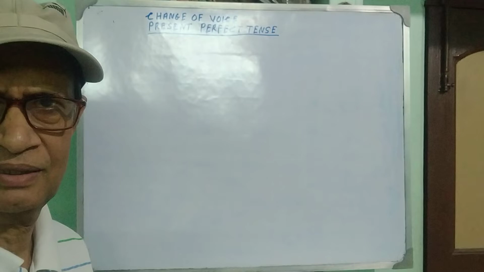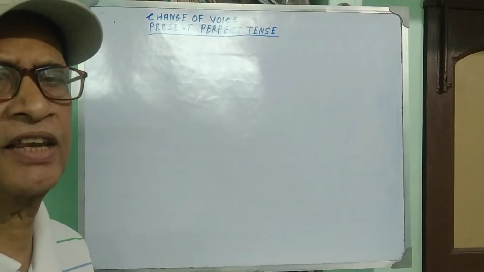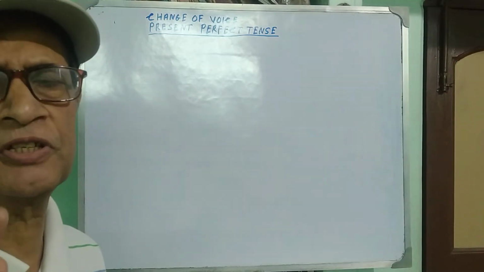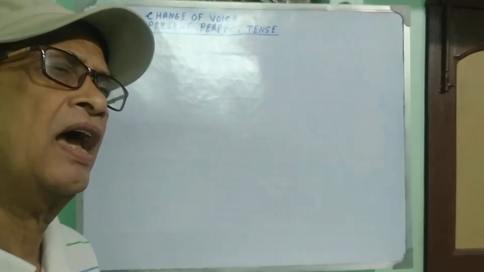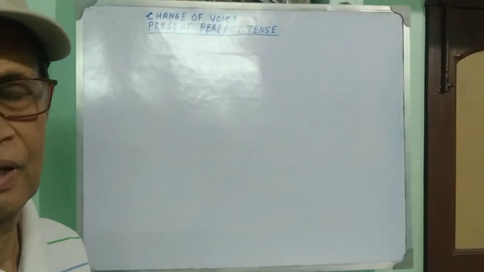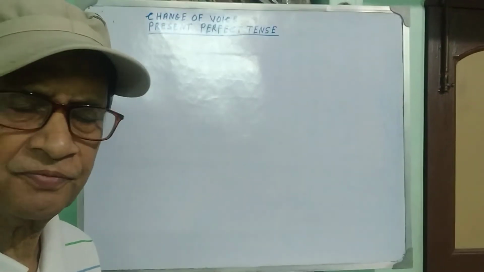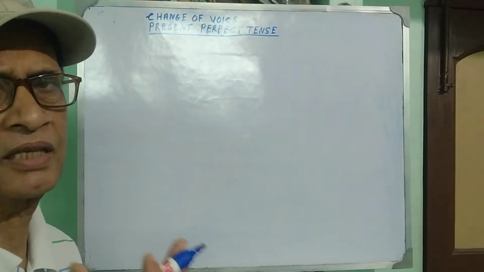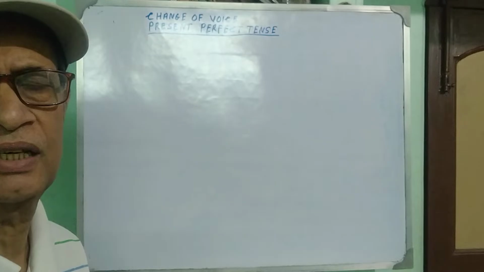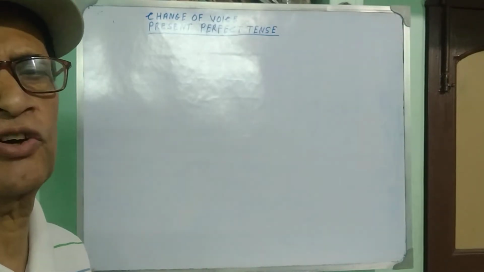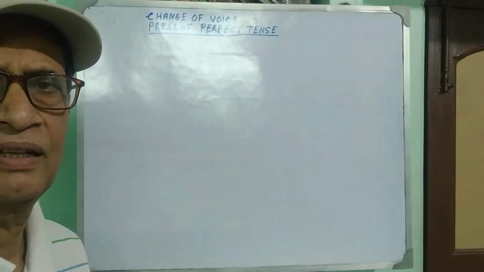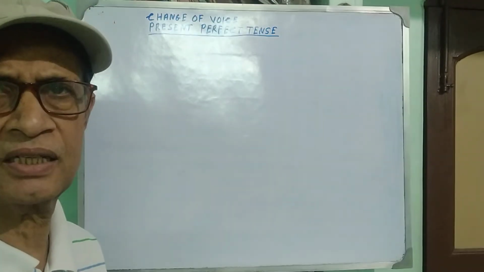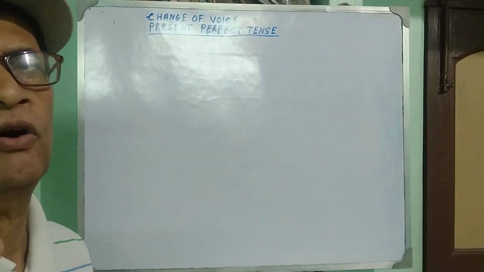You know that it is subject plus the auxiliary verb has or have and the past participle form of the principal verb, and then plus object, adverbial, etc. I am repeating: the method of construction of present perfect tense is subject, and according to the subject you will have to use has or have, and then the past participle form of the principal verb, and then object or adverbial, etc., whatever it may be.